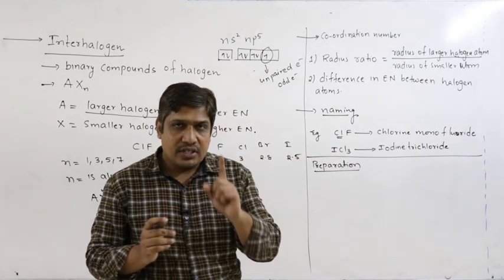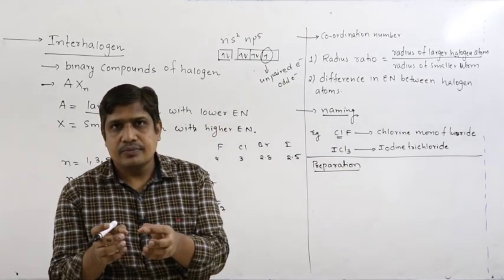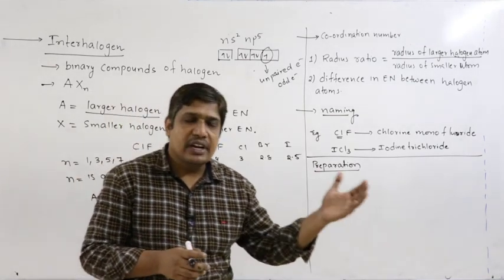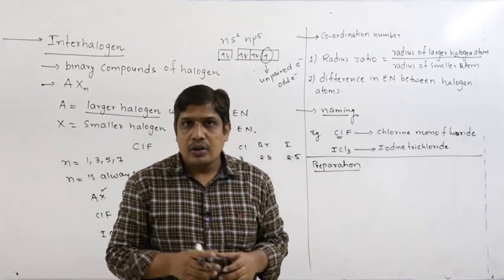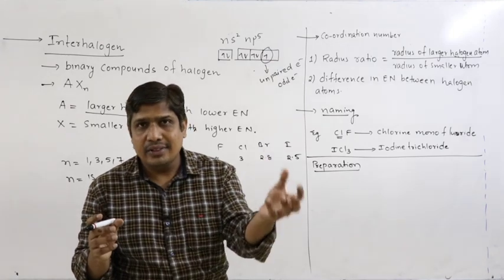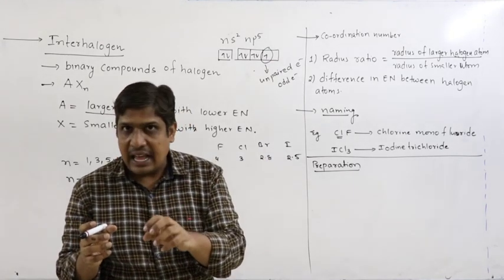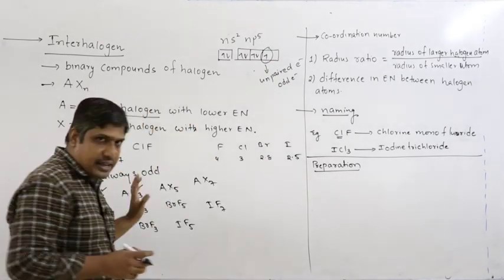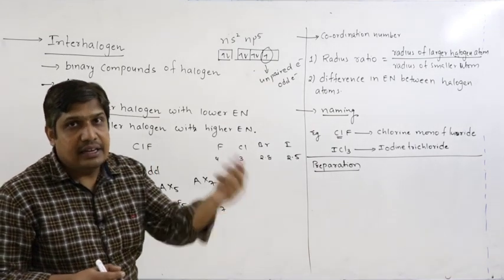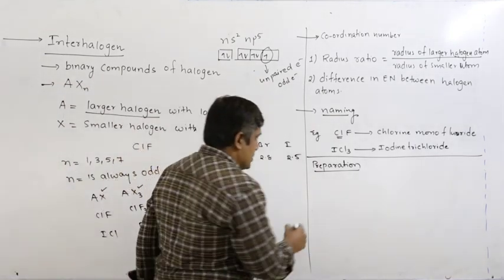Once again, first method, we take two halogens, mix them, heat them, and you will get interhalogen. Or we take a halogen and combine it with a lower interhalogen like AX or AX3 to get a higher interhalogen. Let us see examples.